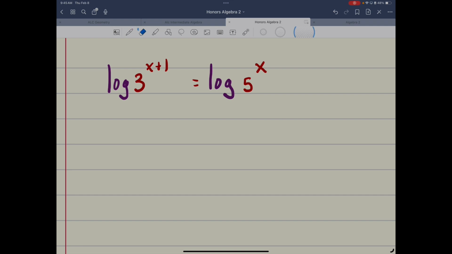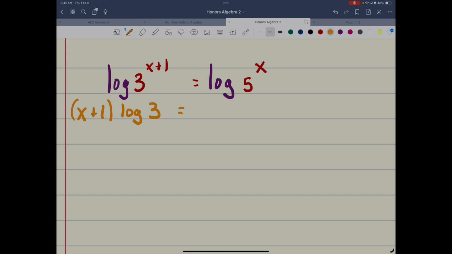Okay, so remember where we started. We started with two bases that aren't the same. We added the log in there, and as long as we do one to one side and one to the other, we're in good shape. Our properties from yesterday said that if we have a log of something to an exponent, I can rewrite that as x plus 1 times the log of 3.